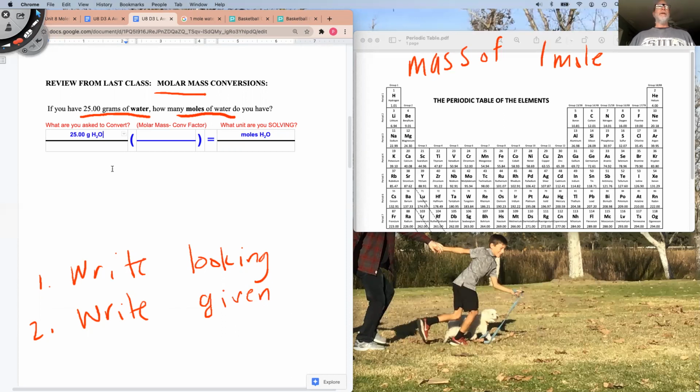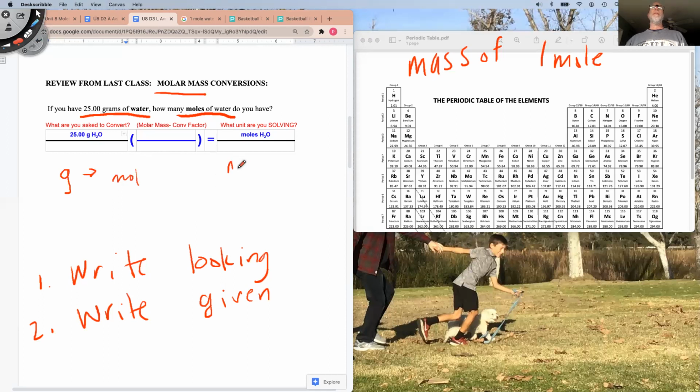So we're looking at this and we say, okay, we're trying to convert grams into moles. Do we know a conversion factor, ladies and gentlemen, that converts grams into moles? Sure.